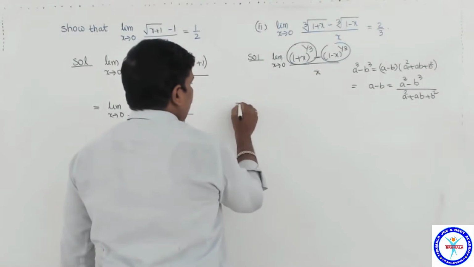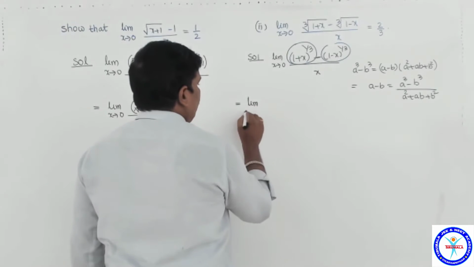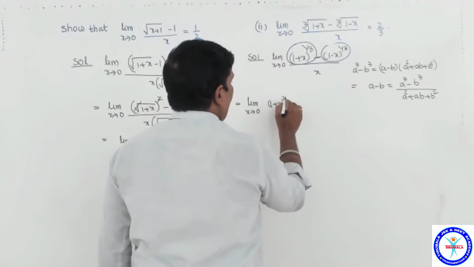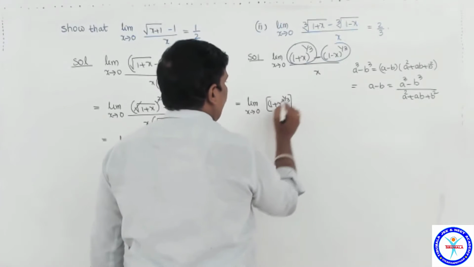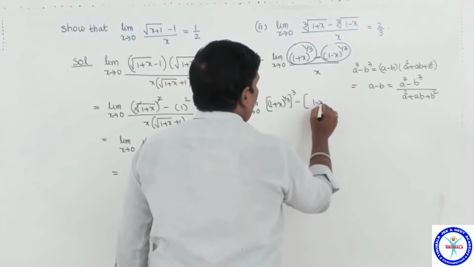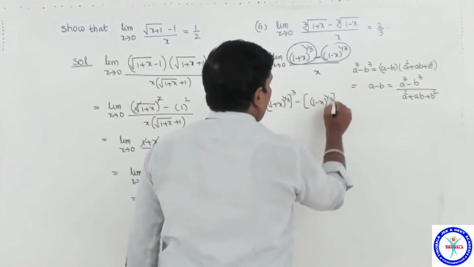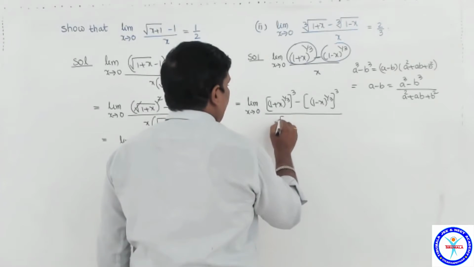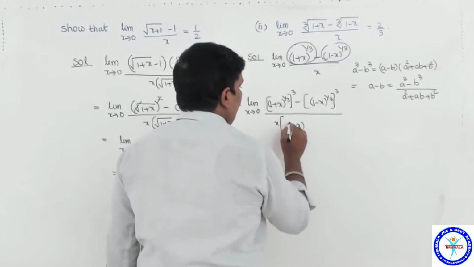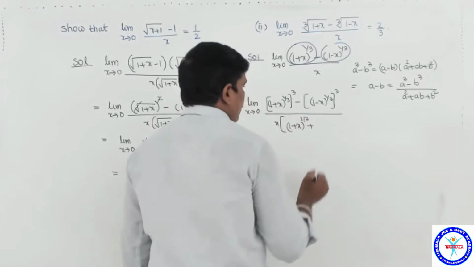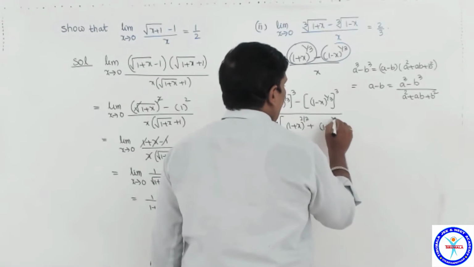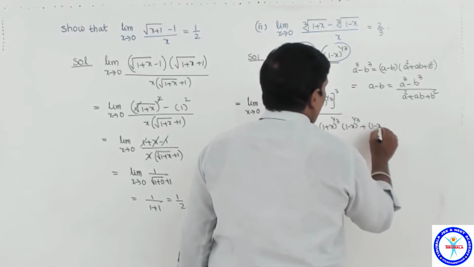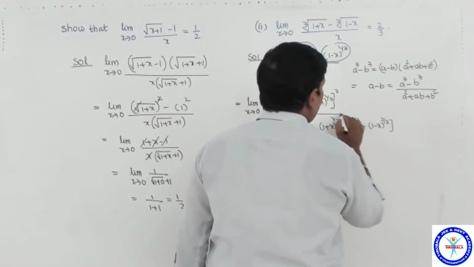So this is equal to limit x tends to 0 of ((1 plus x) whole power 1 by 3) whole cube minus ((1 minus x) whole power 1 by 3) whole cube, divided by x into [a square, (1 plus x) whole power 2 by 3, plus ab, (1 plus x) whole power 1 by 3 into (1 minus x) whole power 1 by 3, plus b square, (1 minus x) whole power 2 by 3].